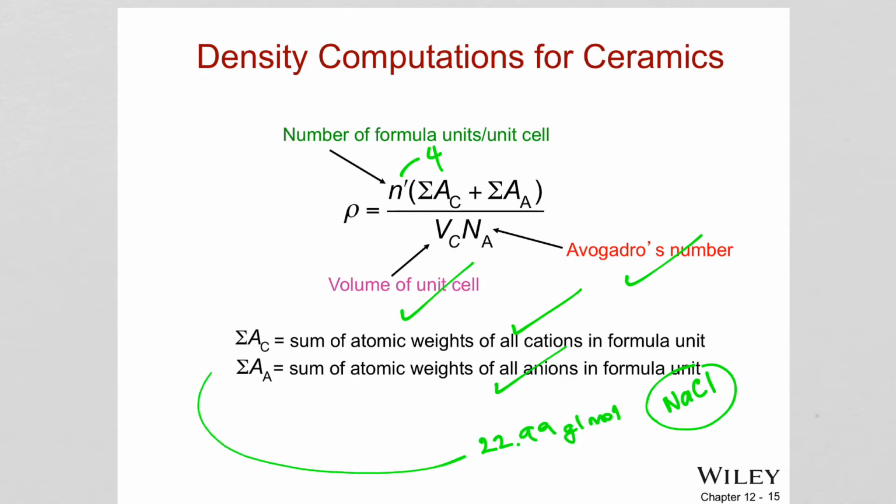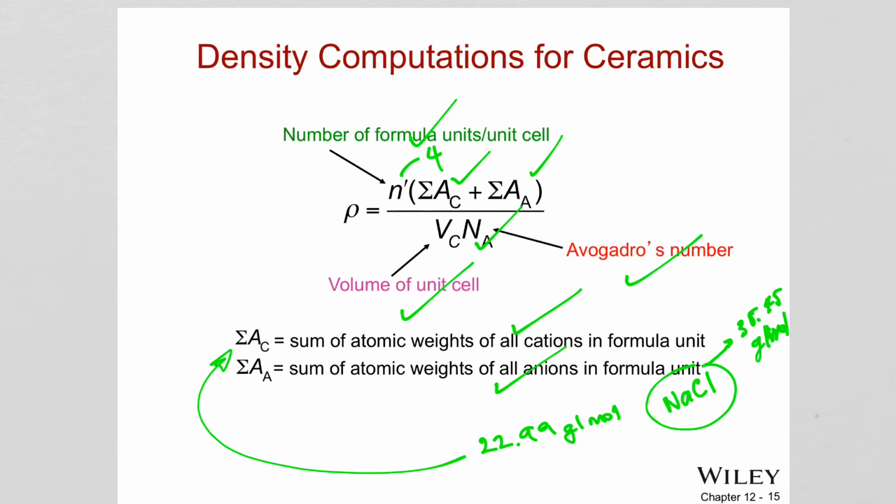And for the anion chlorine it is 35.45 grams per mole. So we know this one, that one, and this one.